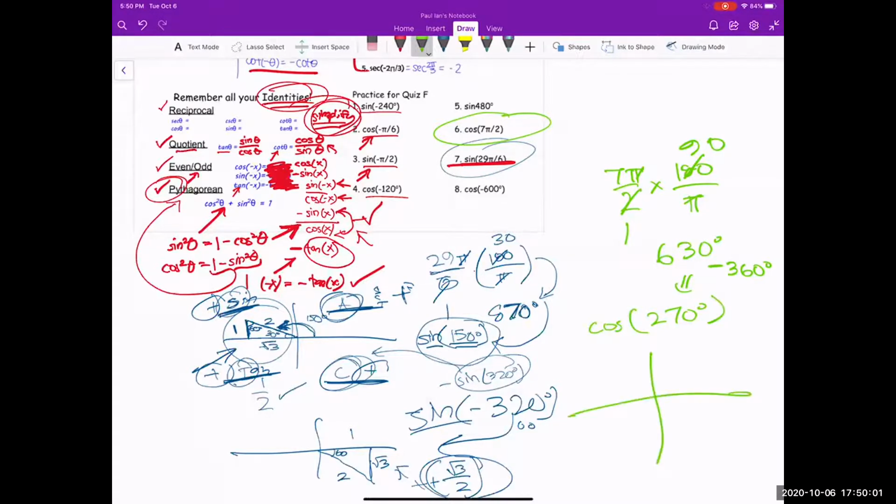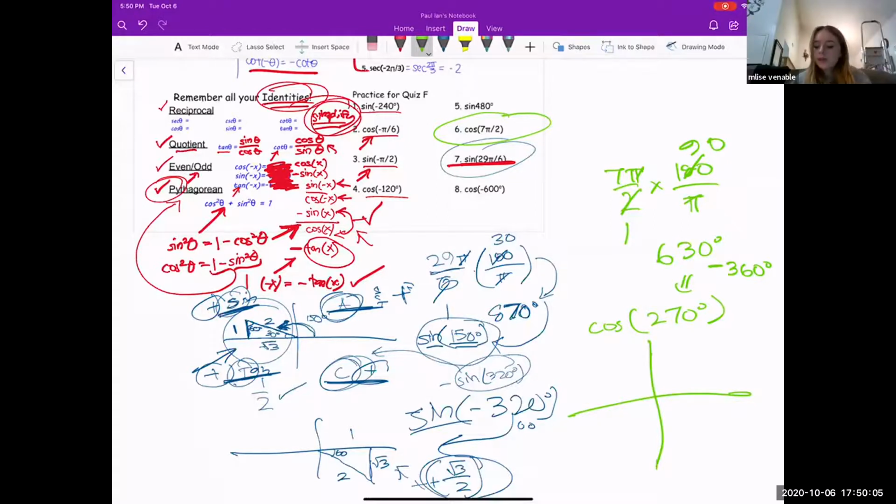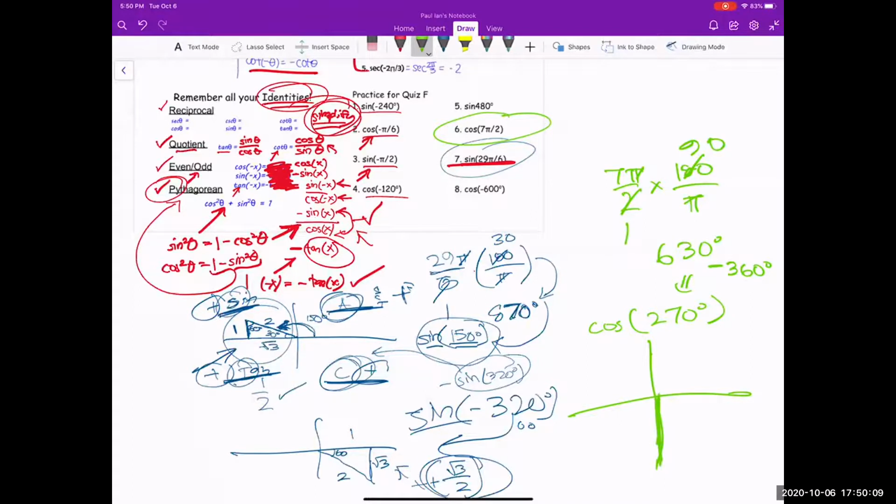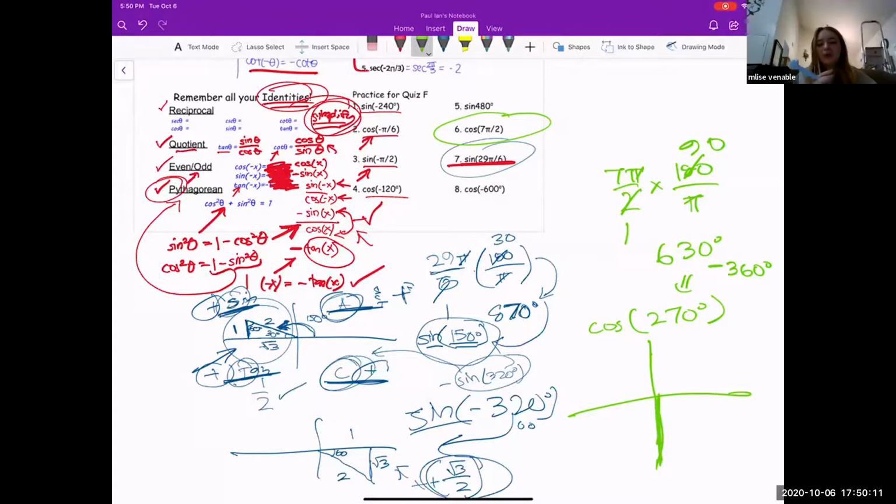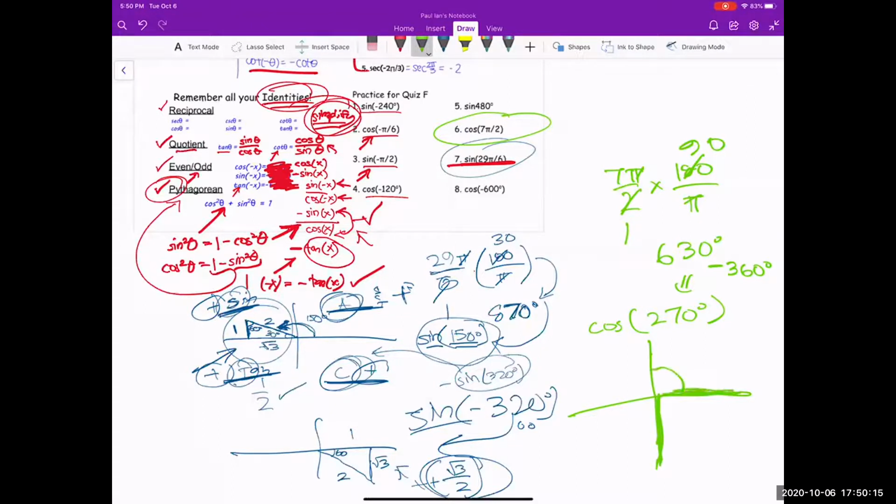So no memorization. Where is 270? 270 is going to be over this guy, I think. Over here. Oh wait, you probably can't see me. Yeah, quadrant 4. So you go here, this is 0 degrees, right? This is 90 degrees. And this is 180 and then 90 going down. So what is cosine of that guy?